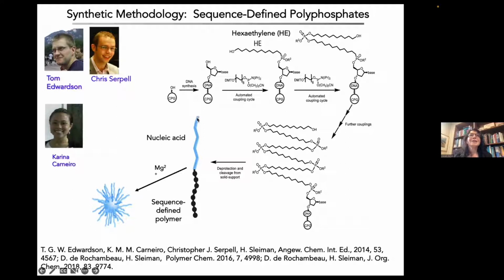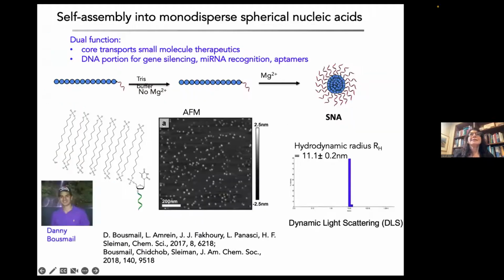Well, we obtain on the one side the DNA strand itself, which is hydrophilic, and on the other side the C12 chains, which are hydrophobic. By adding dication and a buffer solution to this, the hydrophobic units will want to hide from the solvent and will assemble into spherical micelles.